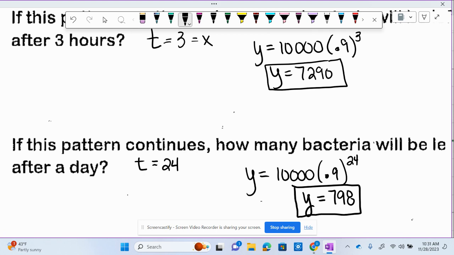Perfect. Good. Well, figure it out. I mean, we've been doing it over and over and over again. So I want you to put it in there. Yes. Good job.